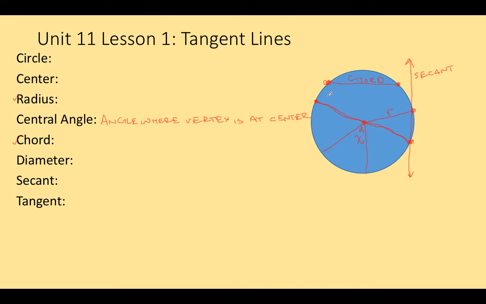And then finally, a tangent line, which is what we're going to be working with today, is similar to a secant line in that it's a line, not a segment, but it touches in only one spot. When you get into calculus, you will learn a lot more about tangent lines. Even if you're in physics, you'll learn a lot more about tangent lines. So those are the big things, and of course tangent lines is what we're using today.